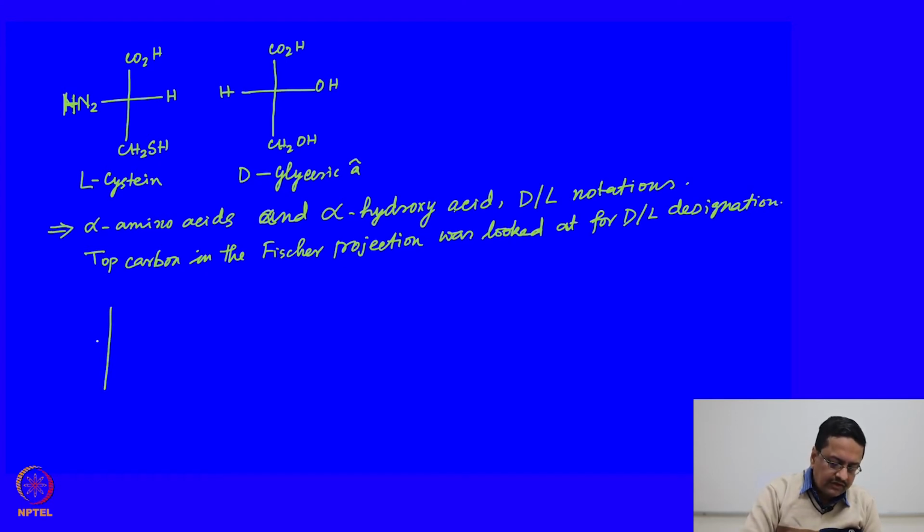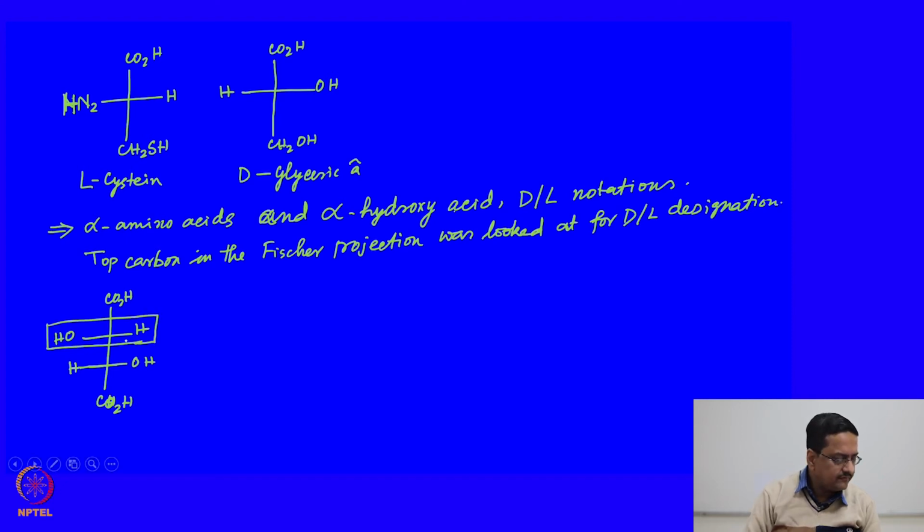So, the compound which I am drawing here is one of the versions of tartaric acid, which has CO2H at the top and bottom, and you have hydrogen and OH here and OH and hydrogen there. This isomer of tartaric acid was designated based on the orientation of OH in the top carbon as L tartaric acid.